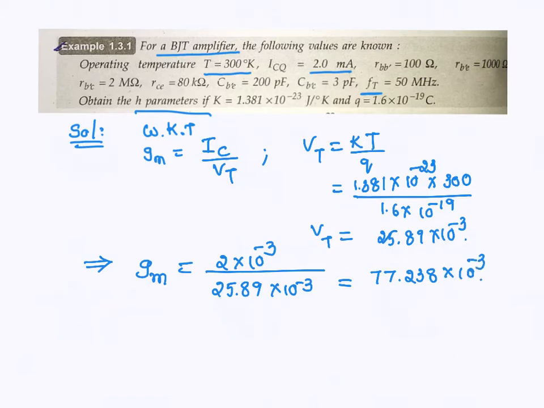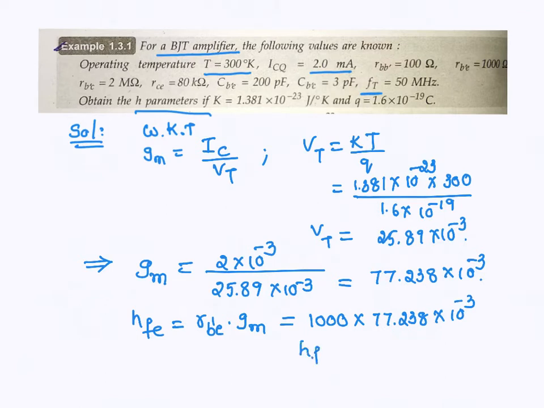So this is the value of Gm, and we know that Hfe can be written as Rb'e into Gm. This has already been mentioned in the previous table of formulas. He has given Rb'e as 1000 ohms, and Gm we have just calculated as 77.238 into 10 power minus 3.